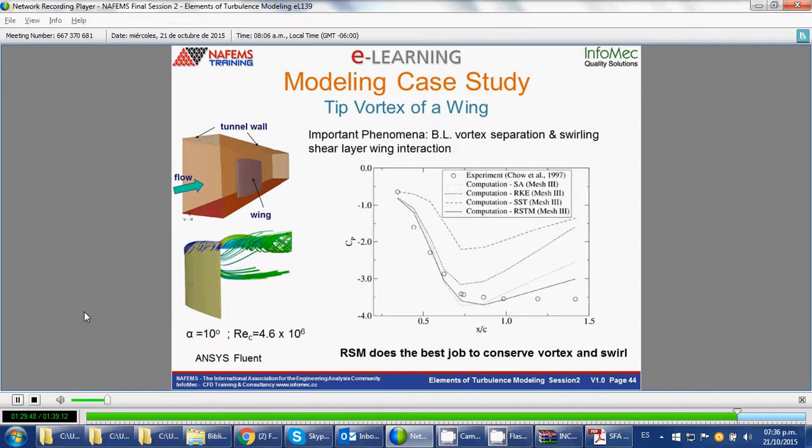Here's another study that ANSYS has done, and here's a wing, and they put that in a wind tunnel, and also looked at it in simulation.